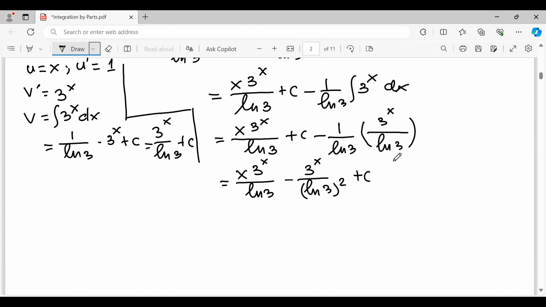Or you may factorize: 3 power x over ln 3 times x minus 1 over ln 3 plus c.